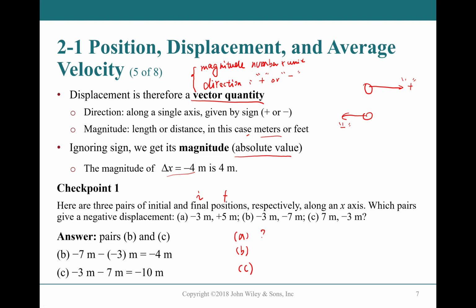Got 8 meters. So how to get 8, -4, -10? Very good. Okay, so 8, -4, and then -10 meters. Okay, so use final minus initial. This is 5 minus -3, and then for B and C, we have the answer here.